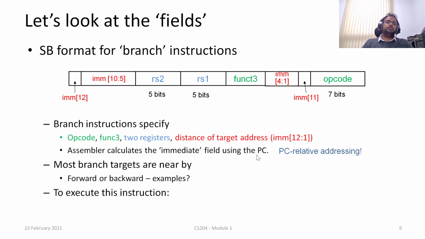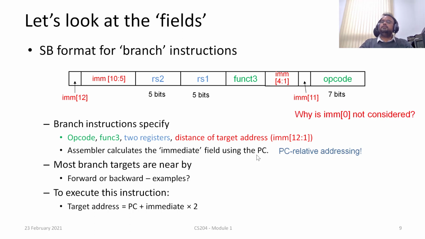Now at the hardware, to execute this instruction, the processor would need to regenerate the target address using this immediate field. Like I said, it would use the PC. So the target address would be the current PC plus the immediate value given in the machine code times 2. Now here are a couple of questions that I want you to brainstorm about and come up with the reasons. Why did we omit immediate 0?